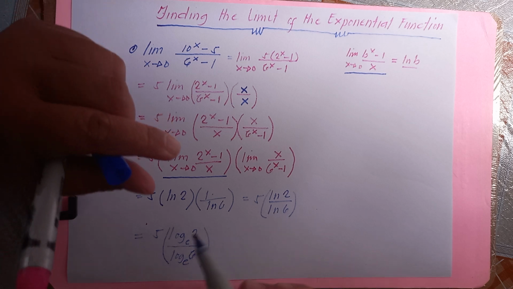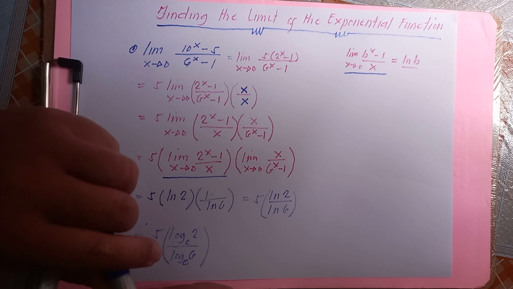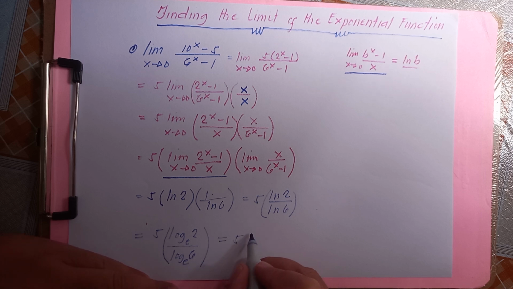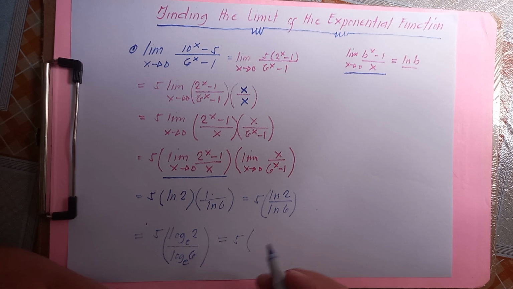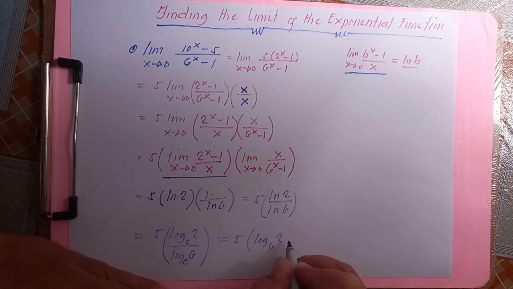Now using the change of base formula, this one can now be said to be 5 multiplied by log of 2 with the base 6.